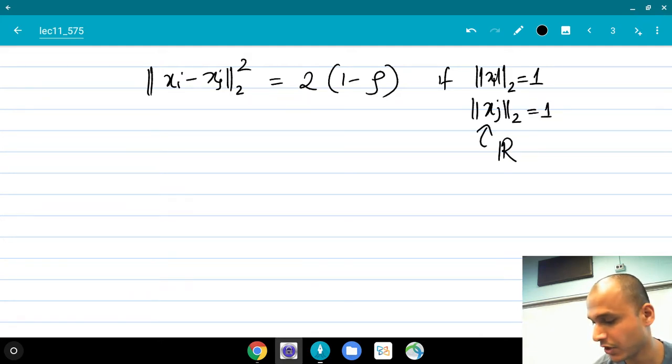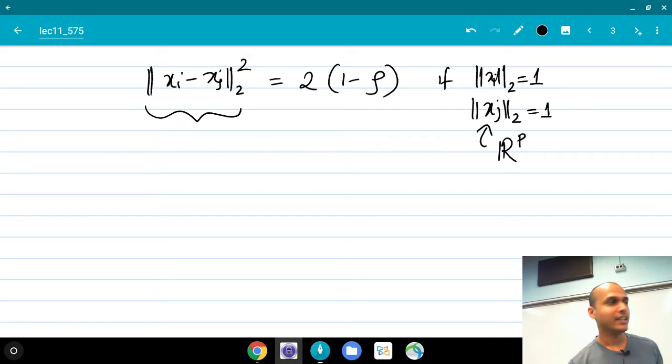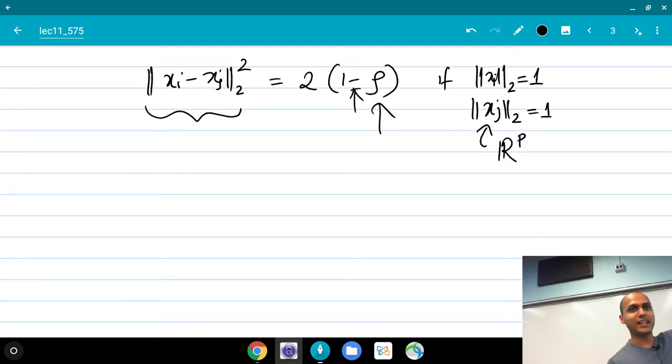Remember these are points in R^p. P, let's say, is 5 or something. All I'm saying is dissimilarity is negatively related to this correlation or similarity measure that we discussed. So he was saying that adding a negative sign changes from similarity to dissimilarity, right? That's what's happening. There's a negative sign in front which made this similarity function a dissimilarity function. That's all. Any questions?